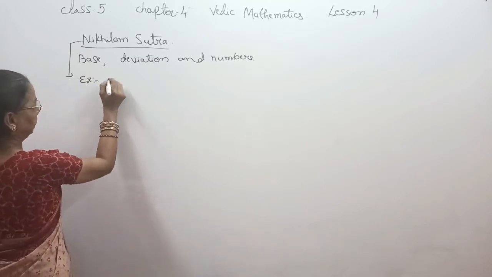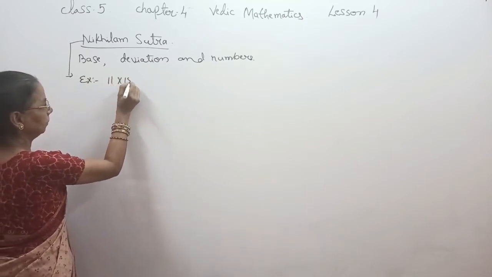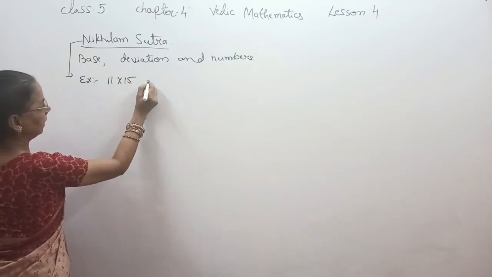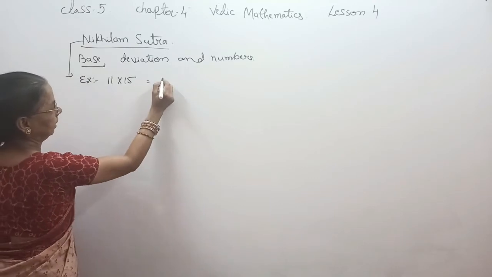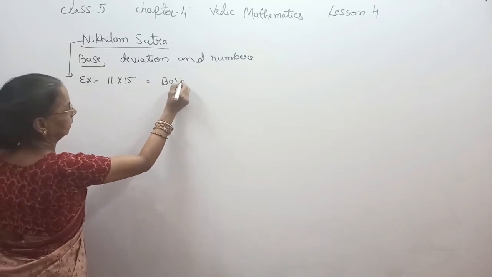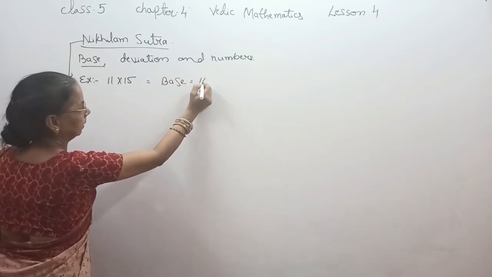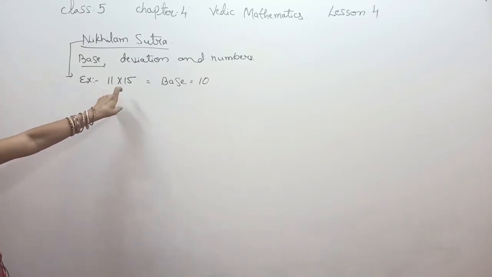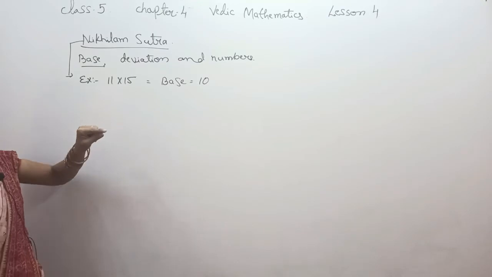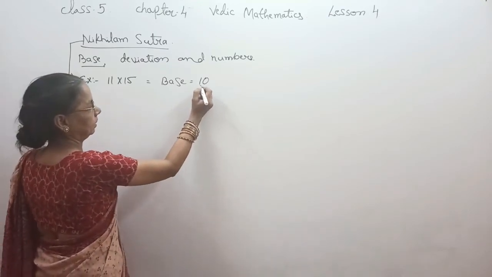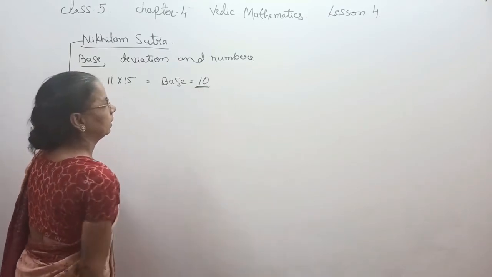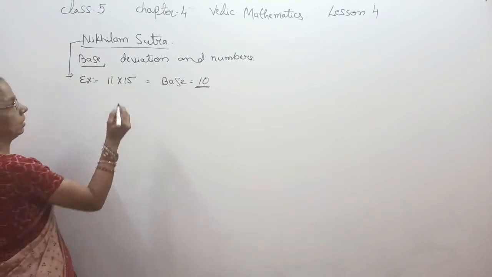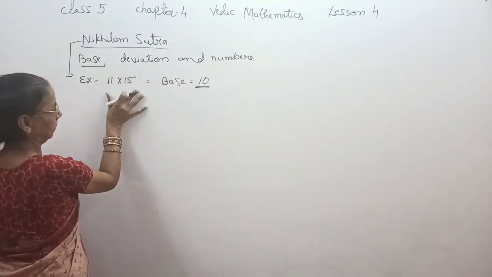If we take the example 11 into 15, then first we have to take a base, that is 10, because 11 is nearer to 10 and 15 is also nearer to 10. That's why we are taking base as 10. Now we have to find the deviation of these numbers.